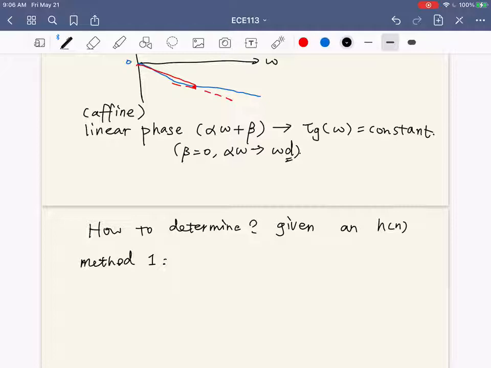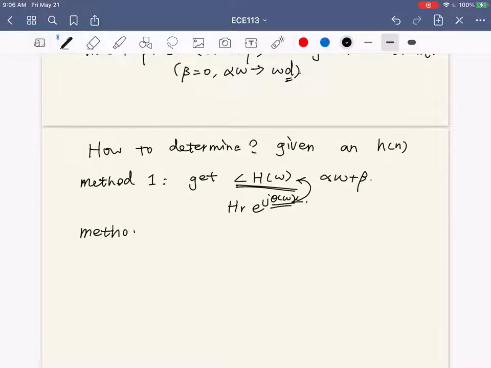They are both parts of the frequency response. So traditionally, we can get our frequency response, write it in the form of a real value times e to the j theta of omega, and then observe if the phase response is in the form of an affine function. But sometimes we have other methods.